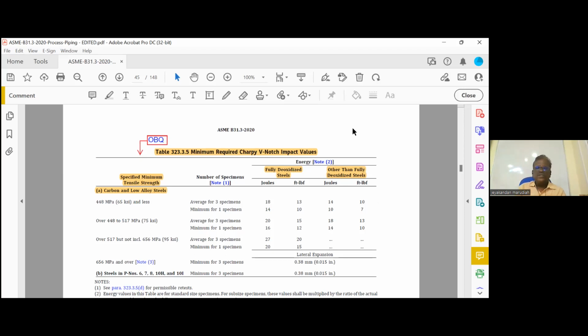So first, what are the things you should know about the impact test? Which type of impact test are we doing? Charpy impact test. Then we will not test one specimen. We will not test one piece. It is always one set.